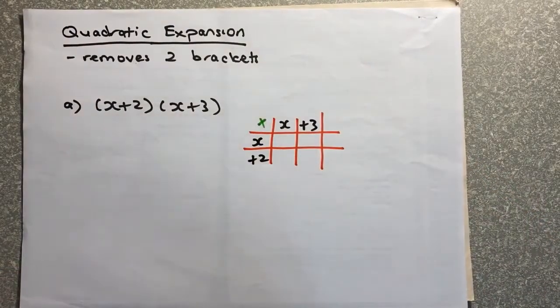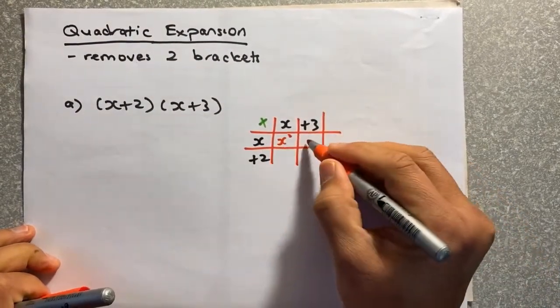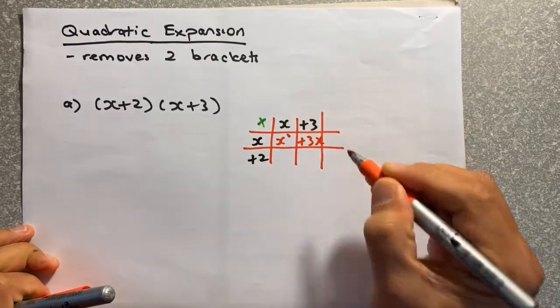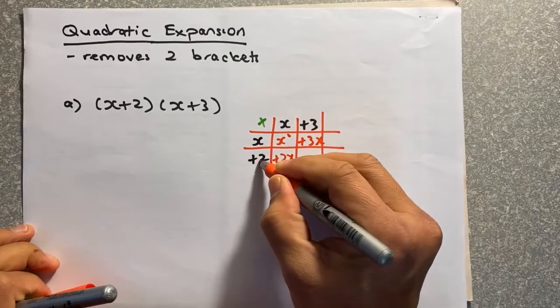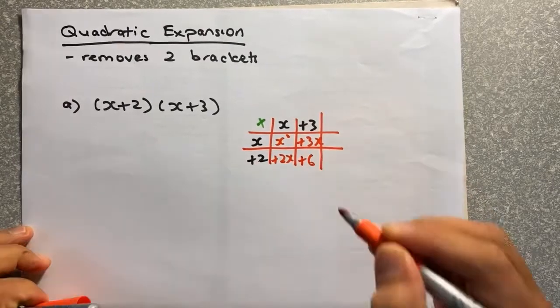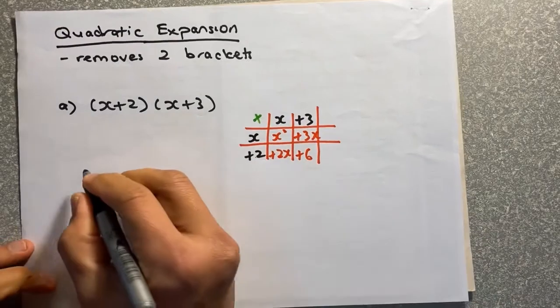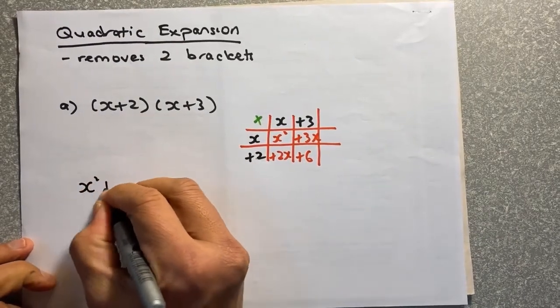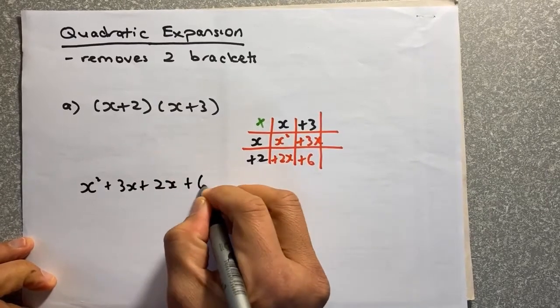So now we have x multiplied by x will give you x squared. 3 multiplied by x is 3x. 2 multiplied by x is plus 2x. And 2 multiplied by 3 is 6. So we are going to put all the terms together outside: x squared plus 3x plus 2x plus 6.